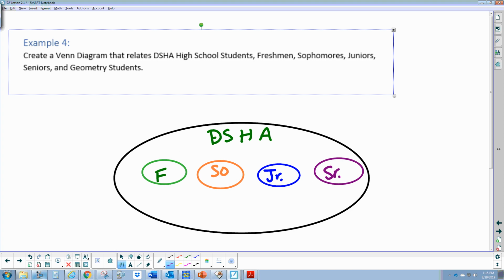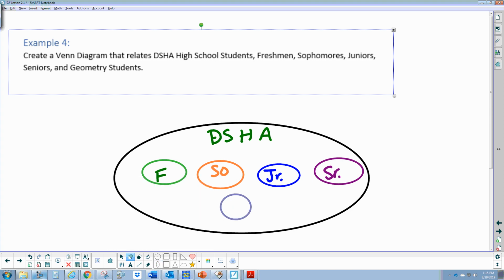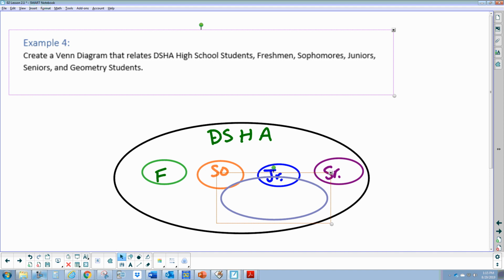So we know that freshmen, sophomores, juniors, and seniors, they're all part of separate groups. But geometry students, they include more than just one grade. So in geometry, we have some sophomores, some juniors, and some seniors.